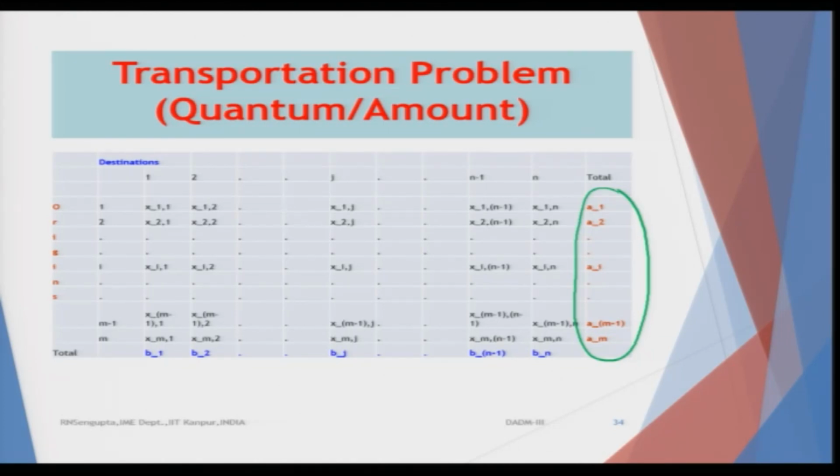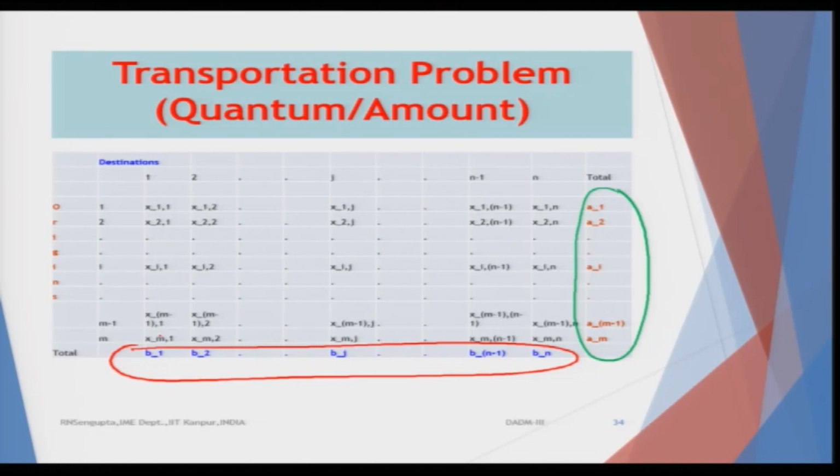Now, very interestingly, the total value which is being sent to the destinations is basically b1 plus b2 till the last one which is bn. Now, if there is no extra amount being transported from either of the origins and no extra amount is demanded by the destinations, if there is an exact balanced equation, like in a bucket, water is entering, water is going out, and if I consider the amount of water spillover is 0, obviously it means the input and output balance out.